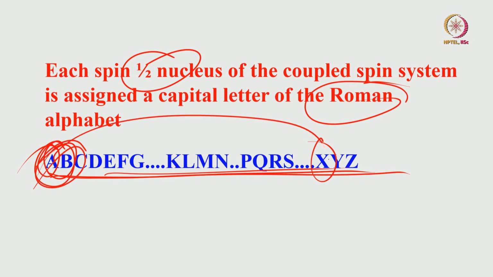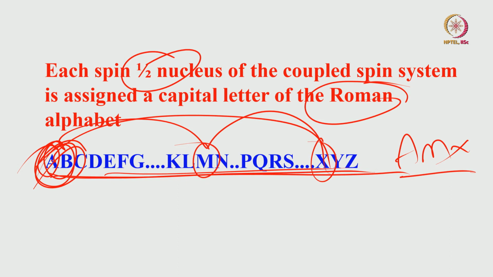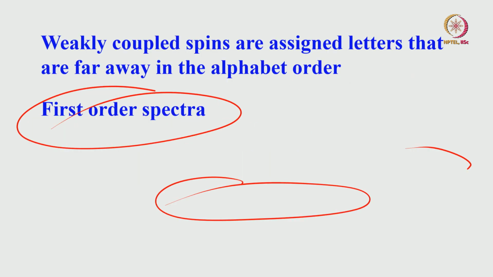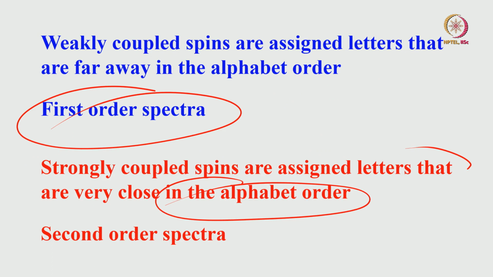Here A and X is weakly coupled, M and X if you consider, that is also weakly coupled, because M is far away from A and X is far away from M, and A and X are again far away, so they are weakly coupled. AB is strongly coupled, ABC is strongly coupled, like this. So, this is how you have to put a nomenclature for the coupled spin system.